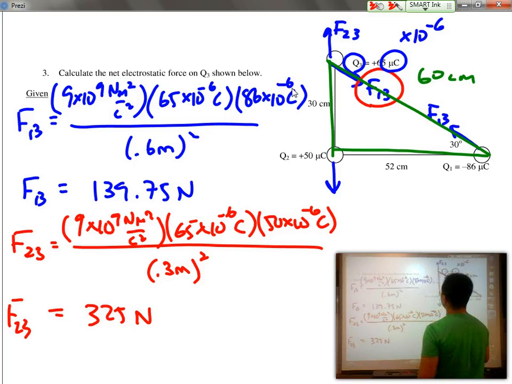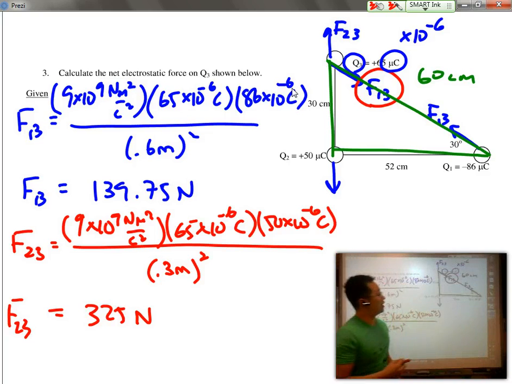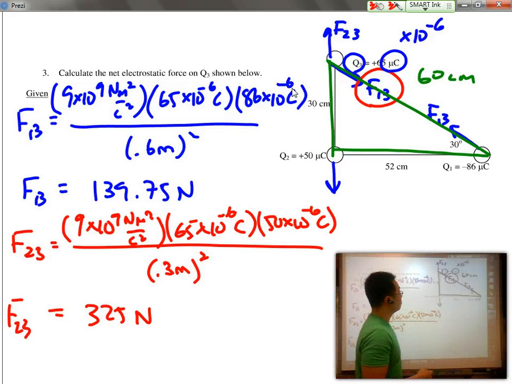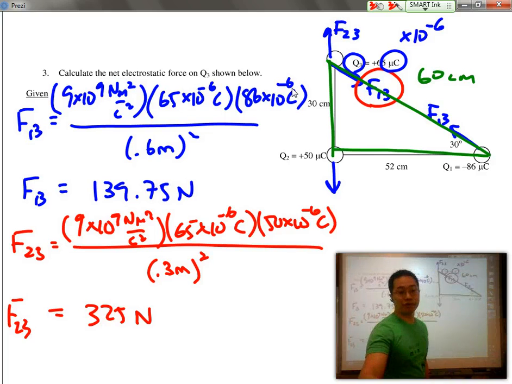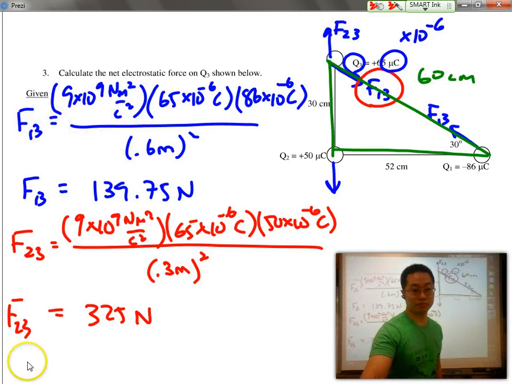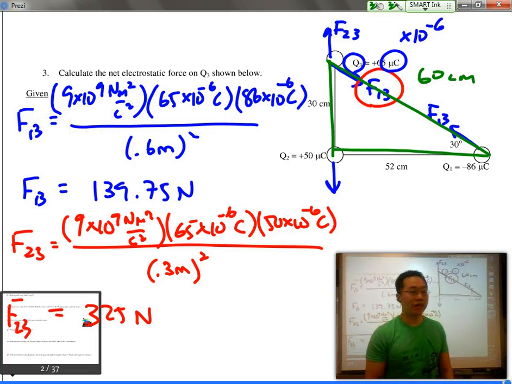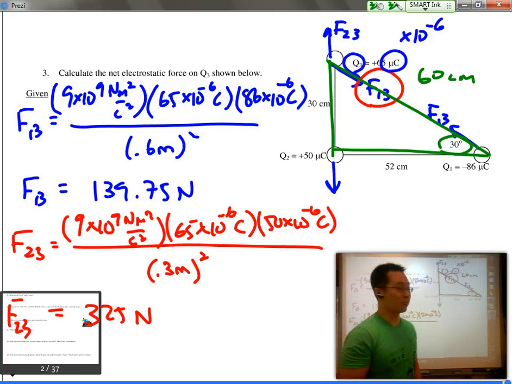Now, F23 is already pointing on the vertical axis upwards, but we have to break down F13 into x and y components. We are given the angle of 30 degrees down here, so we can use that to break that down into x and y components.